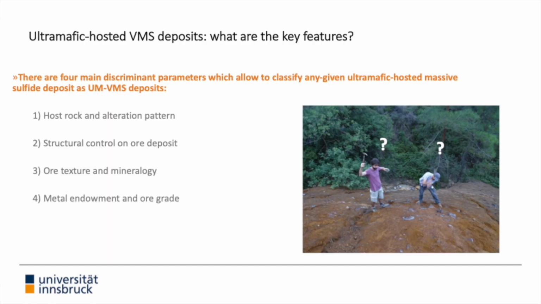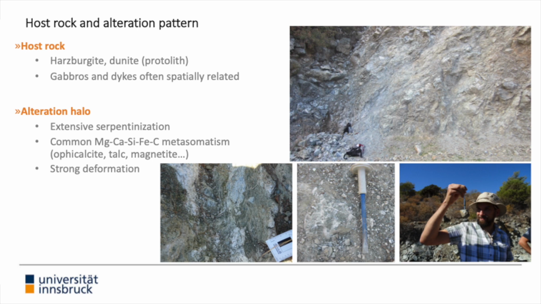So if you go in the field and you find a sulfide mineralization, and you want to know if it is an ultramafic-hosted VMS deposit, you can look at four criteria: the host rock and alteration, the structural control, the ore texture and mineralogy, and the metal endowment of the deposit. The protolith of the host rock is mainly harzburgite and dunite, but they are extensively serpentinized and deformed, and they're also often associated with gabbros and dikes.